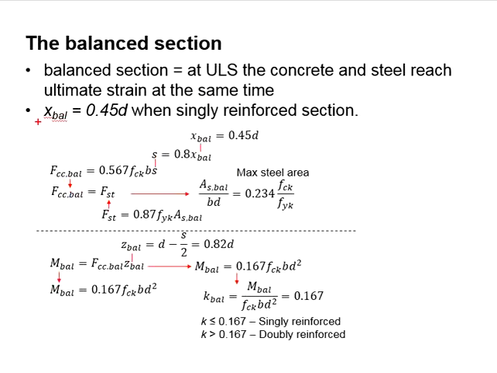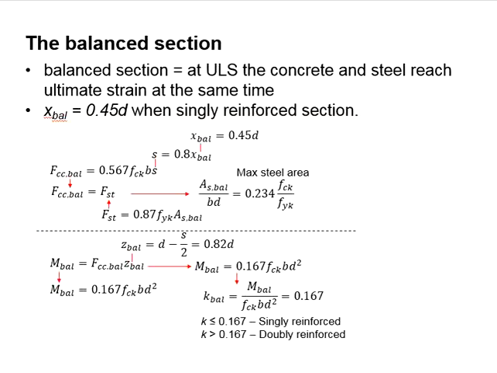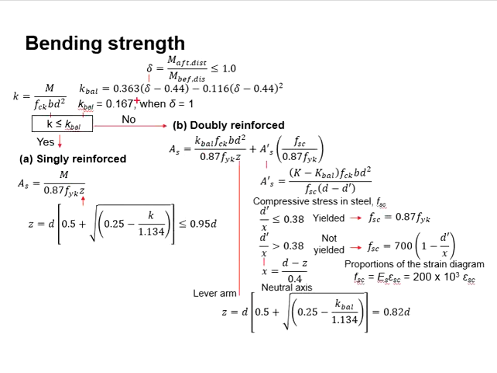And then the following derivations shall be worked out on the basis of 0.45d in order to determine whether the member is singly reinforced or doubly reinforced. That is the first one.